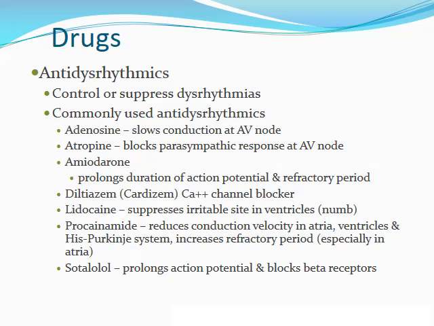Remember, we're using adenosine for fast, stable, narrow tachycardias, SVT, because it's going to slow down the signals going through the AV node. Remember, your adenosine sentence is 6 milligrams rapid IV push followed by 20 cc flush. In 1 or 2 minutes, we're going to give 12 milligrams rapid IV push followed by 20 cc flush if the first one didn't work.